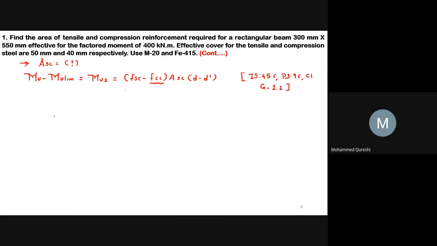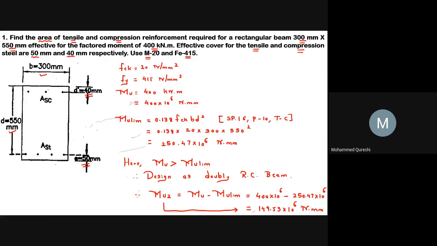So now, putting the values of Mu minus Mu limit, Mu2, that we had calculated in the first step here. Mu2 equals 149.53 into 10 raised to 6 Newton millimetre.